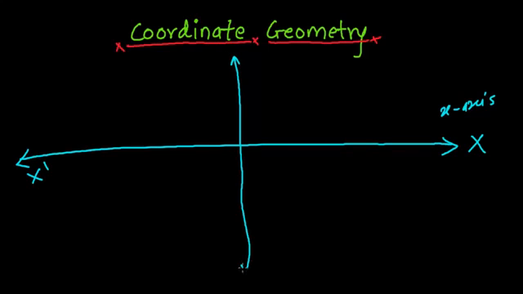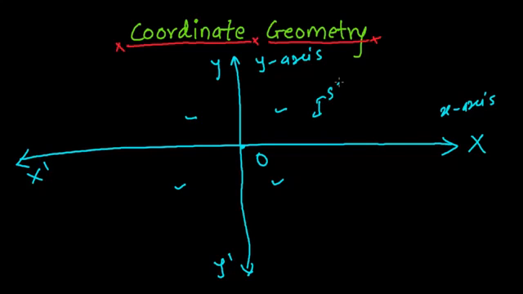And the vertical line is known as the y-axis, and this is y, and this is y dash. And the intersecting point of these two lines is known as the origin or 0. It's called origin. Fine. Now when two lines intersect each other, there is a formation of four quadrants.